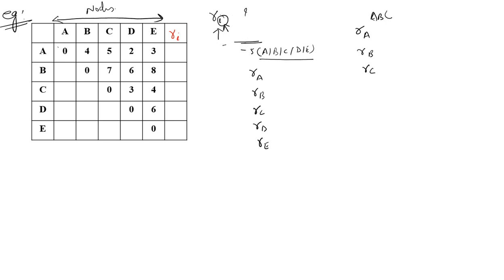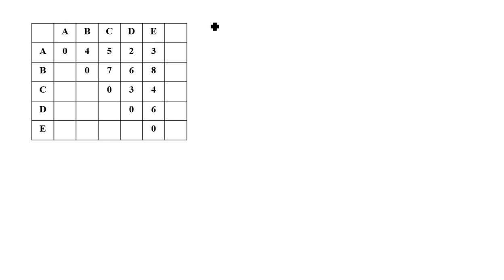So let's see what the formula for this is. For Ri, in case of RA, we can say AB plus AC plus AD plus AE.